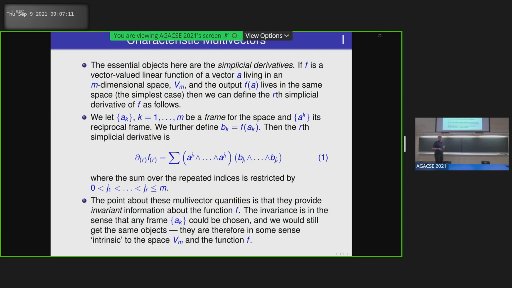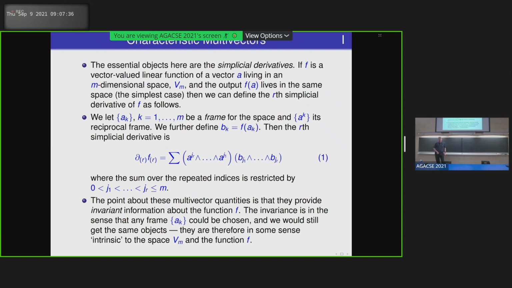Joe went through this starting from the actual derivatives in terms of the frame vectors, so I'm just going to give you the output answer. The r simplicial derivative is the partial with respect to the frame of f sub r, and that f sub r is referring to wedging together our copies. And here's the actual output.